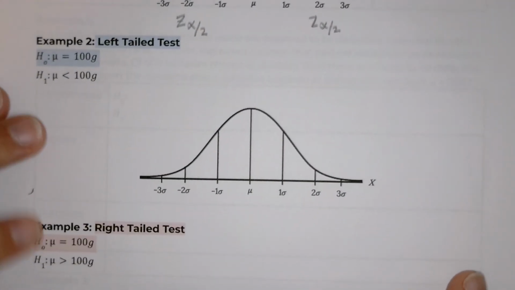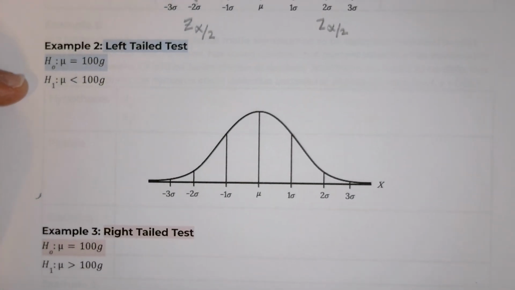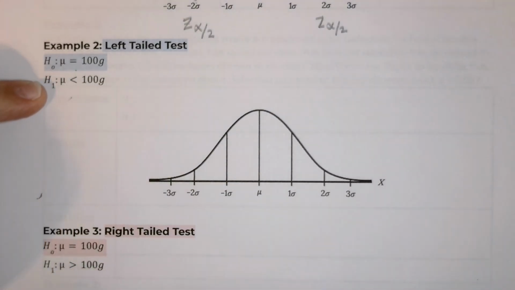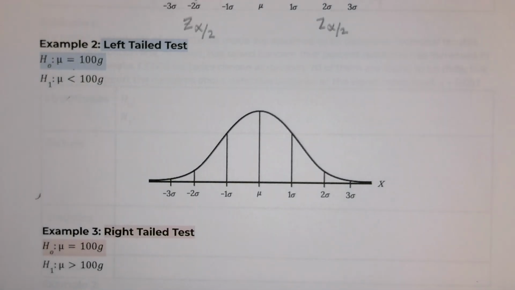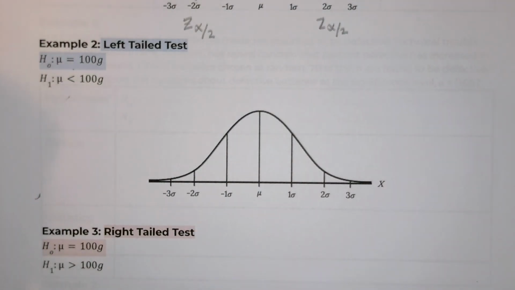Okay, now sometimes we have that our H naught is equal to and the alternative is less than. So we think that the actual weight of something is less than 100 grams instead of equal to 100 grams, like the status quo says.